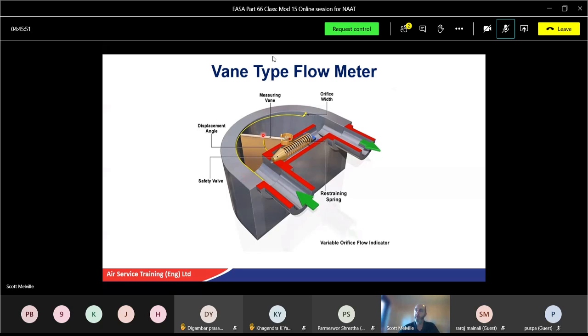So the more that moves, the more it allows a little bit more fuel past it, back out to output, which pushes on a spring, which pushes on a potentiometer, and again gives you the correct amount of fuel flow. Again, very clever bit of kit. So that's your vane type flow meter. So again, a magnet and a potentiometer. Okay, so that's a basic one there.